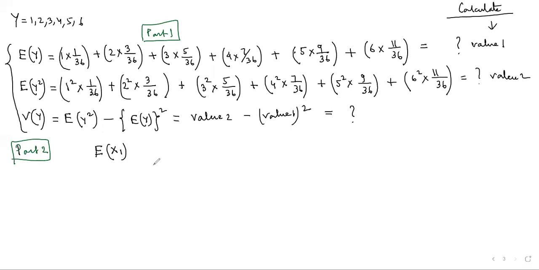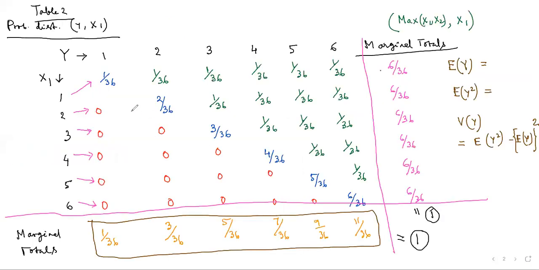Now, what are the probabilities that are associated with x1? This random variable x1 also has 6 values, 1, 2, 3, 4, 5, 6. If I look at the chart, these column totals, the column probabilities, are the probabilities associated with the random variable x1.